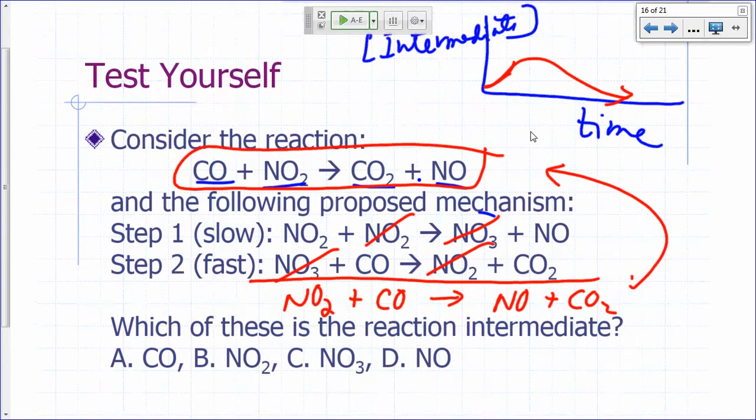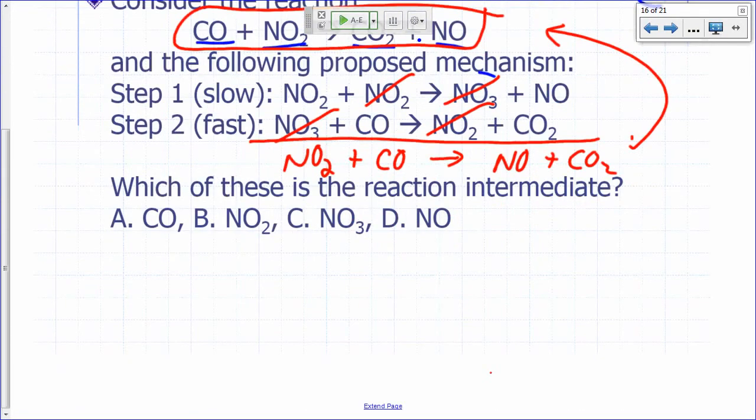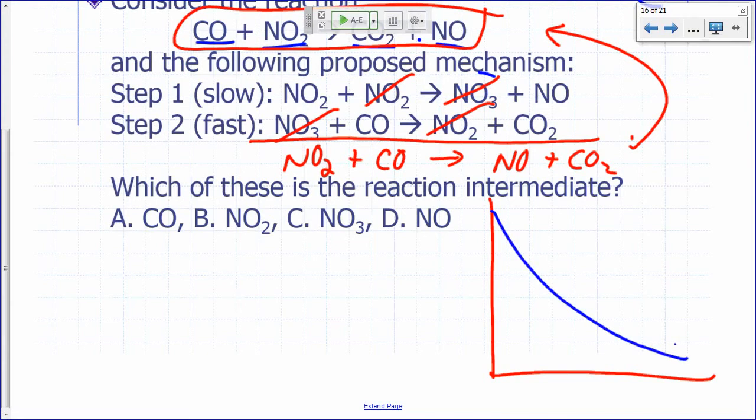So if your reactant concentration versus time goes like that, your intermediate concentration might look something like this. The fact that it's not obvious that it's there during your experiment suggests that you're not building up a lot of it.